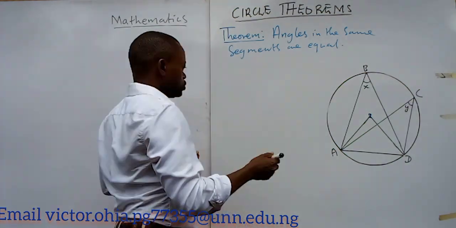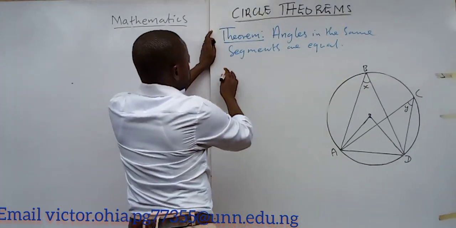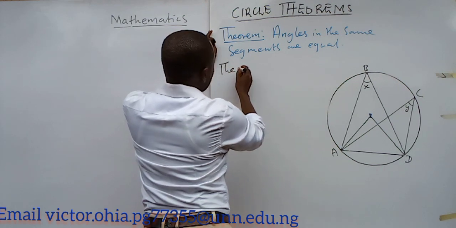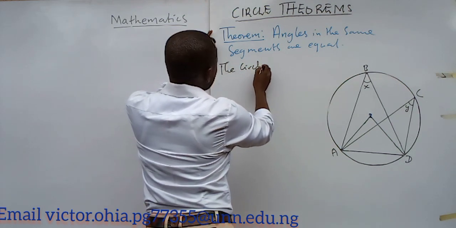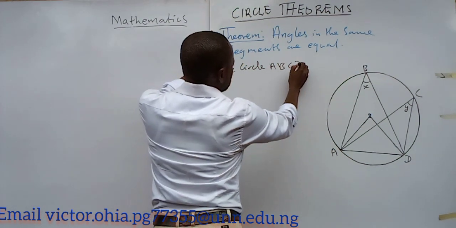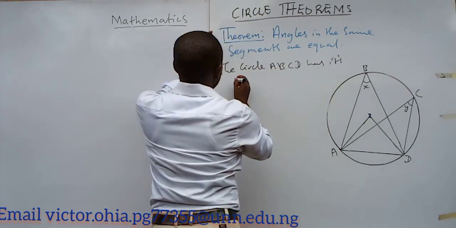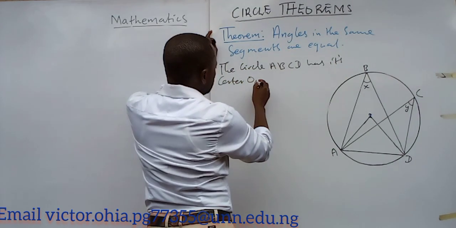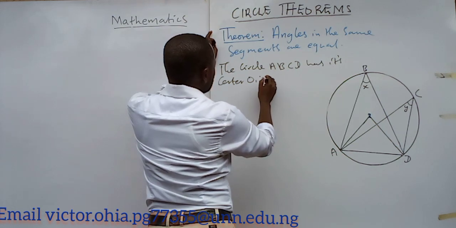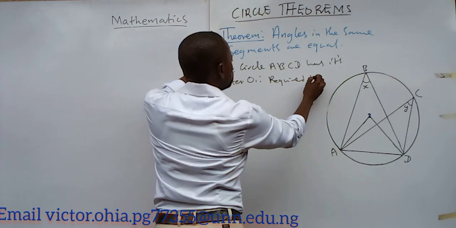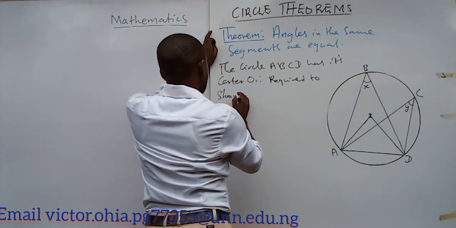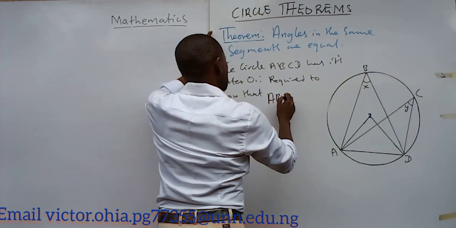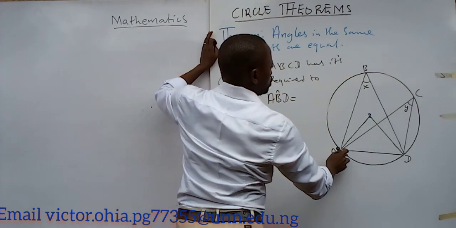Okay. So as quickly as possible, the circle ABCD has its center O. We are required to show that this angle ABD is equal to ACD.